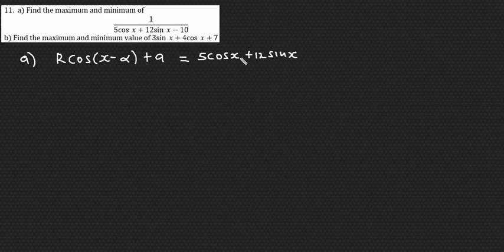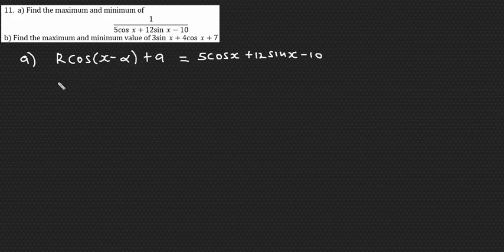So let me expand this. There is a negative 10. Definitely our a is negative 10, but now let us try to convert these two terms into a single trigonometric ratio by finding r and alpha here.